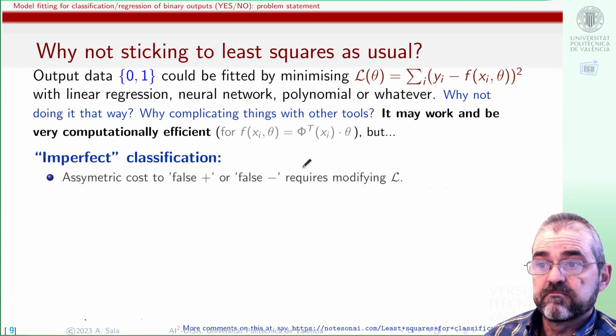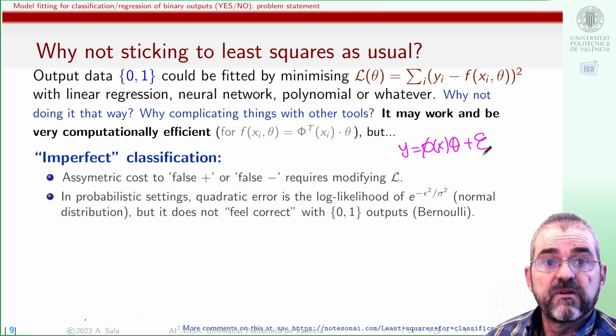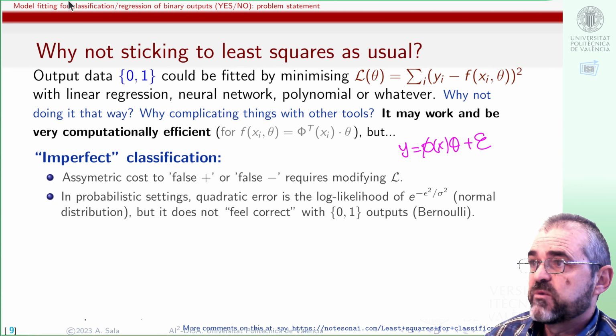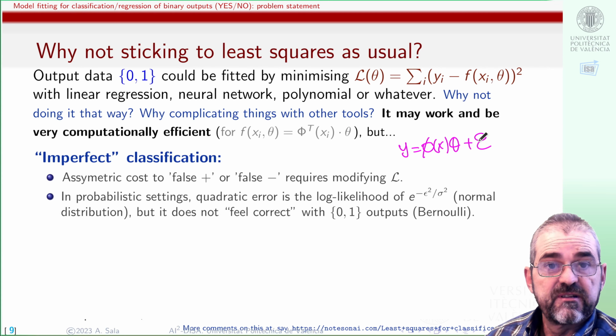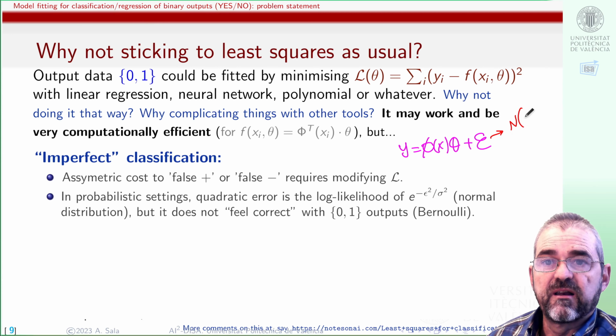false negatives. And also, in probabilistic settings, when we fit least squares, we usually think of a statistical model in which the regressors are corrupted by normally distributed measurement noise, normal 0 with some standard deviation squared as a variance.